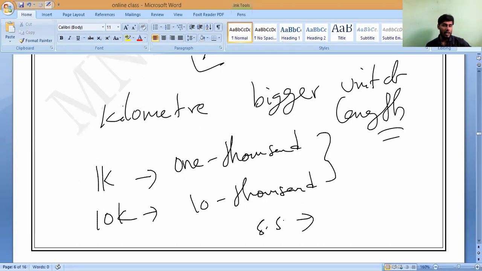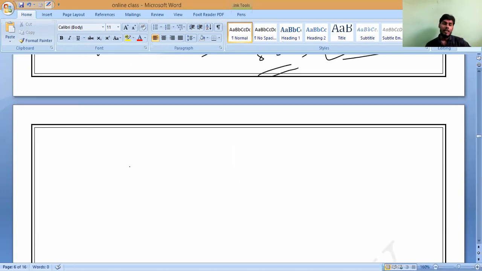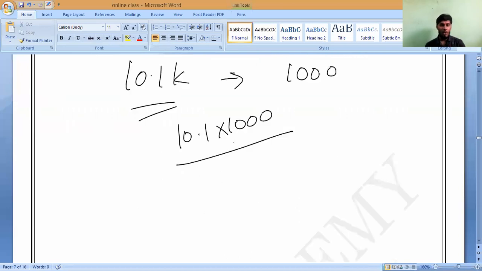Means how much? 5,500. 10K means 10,000. Suppose I say 10.1K. 10.1 into 1,000, how much will it come? 10,100 rupees. Correct or not?